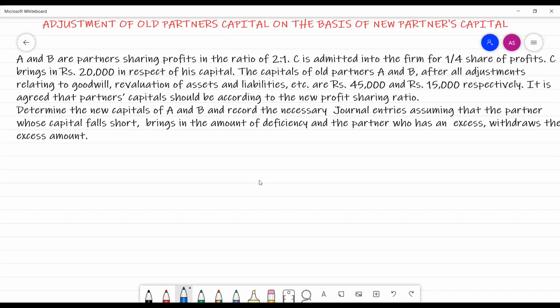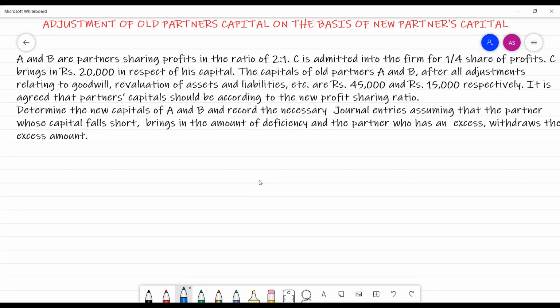It is agreed that partners' capital should be according to the new profit sharing ratio. Determine the new capital of A and B and record necessary journal entries, assuming that the partner whose capital falls short brings in the amount of deficiency and the partner who has an excess withdraws the excess amount.